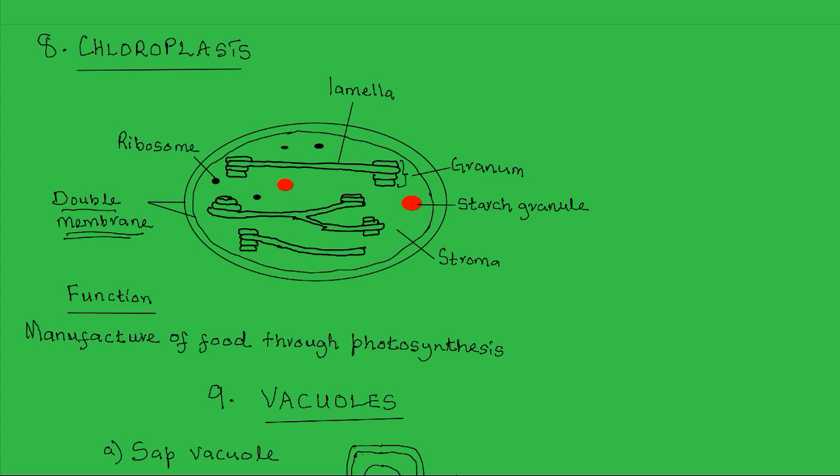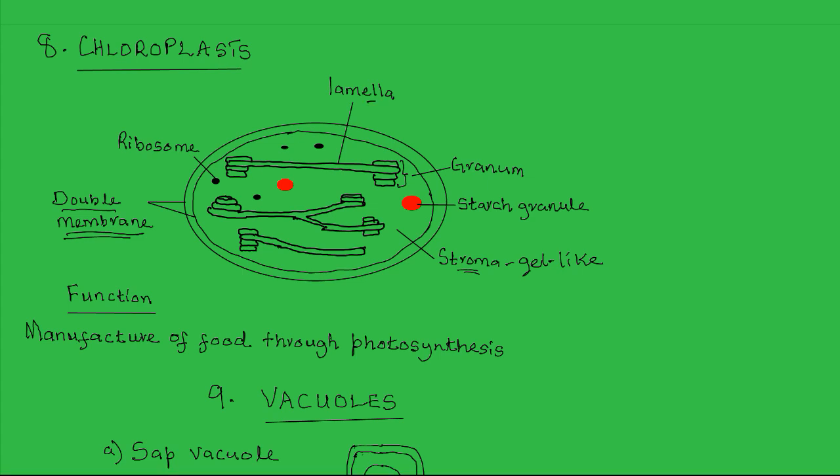Within the membrane, there is a gel-like, thick material, the stroma, through which runs a system of internal membranes known as lamellae.